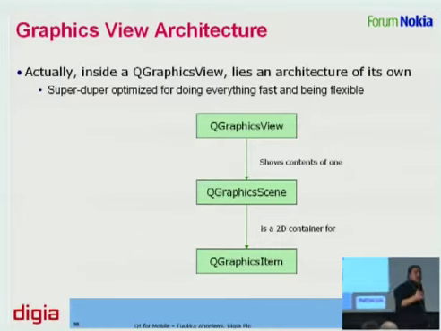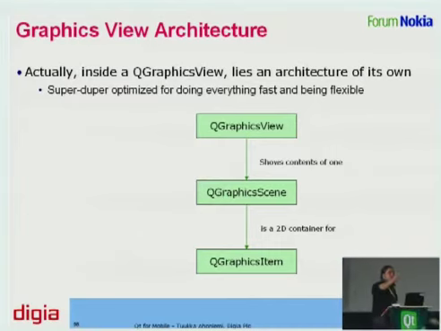The scene is a two-dimensional container for those. And then you have the graphics view widget showing contents of the scene. QGraphicsView is something that probably requires at least 2 hours of course time to cover in depth, so I'm not even going to try.